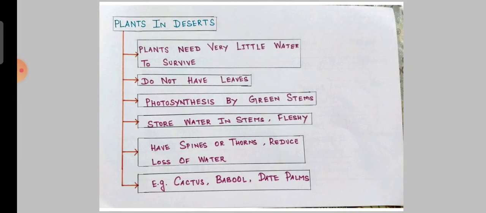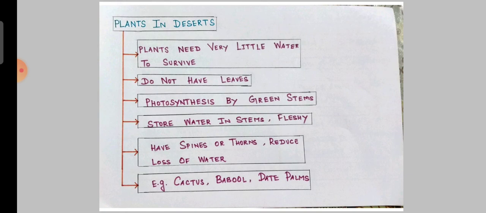Next, plants in deserts. Plants need very little amount of water to survive and do not have leaves. Photosynthesis is done by green stems. I have told in the last video that photosynthesis is done by green leaves, but in this case it is done by green stems.